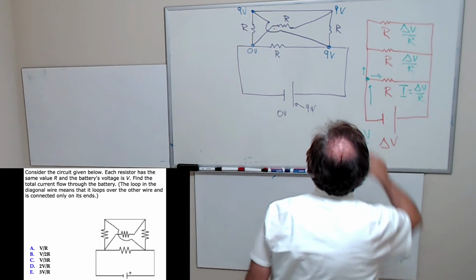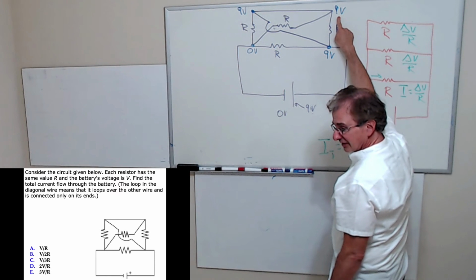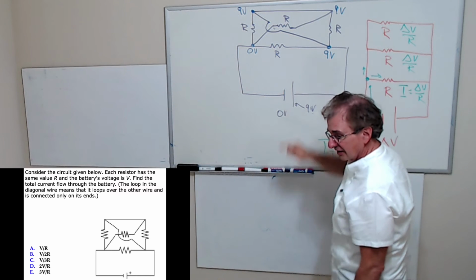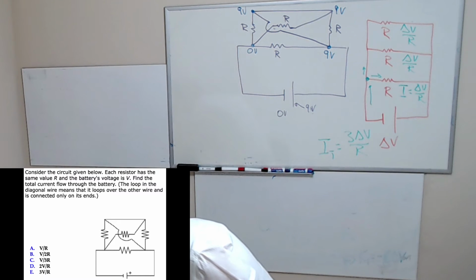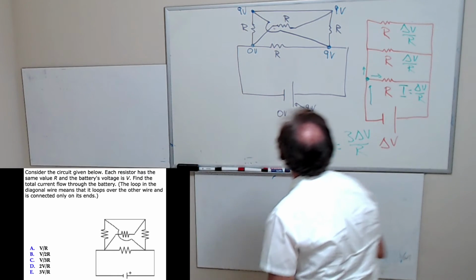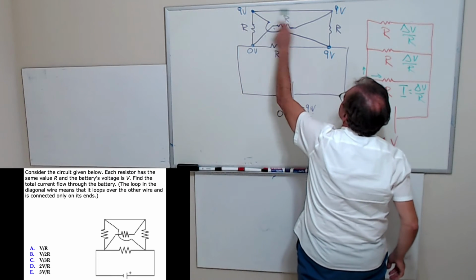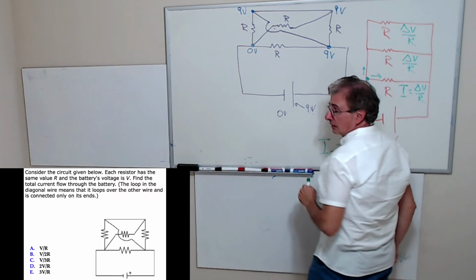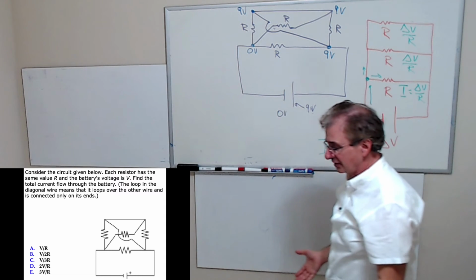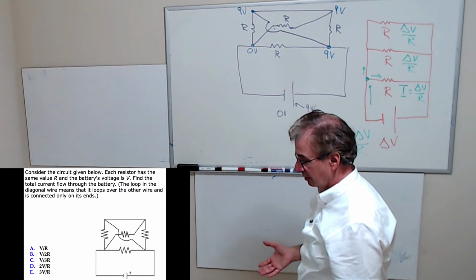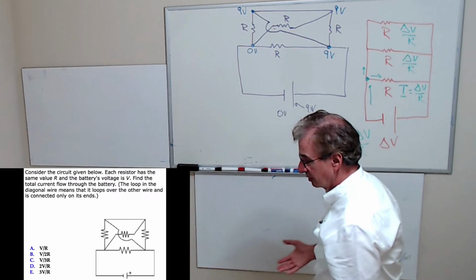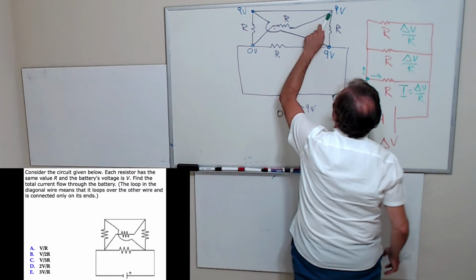So you're asking about this one? Andrew? This wire is just a wire. It has no resistance, so there can't be a voltage drop. That means the potential here and the potential here are the same.